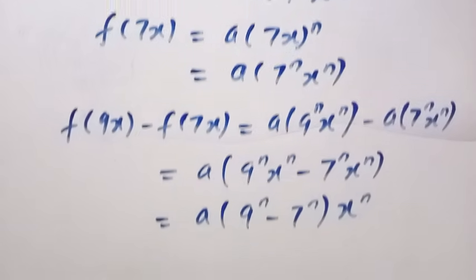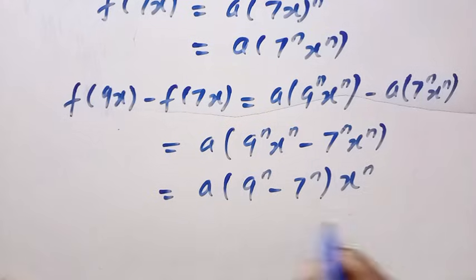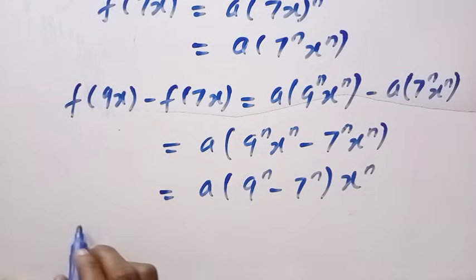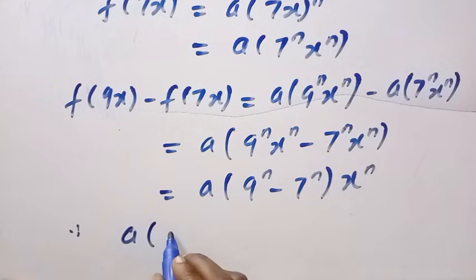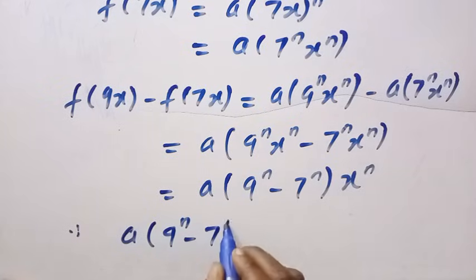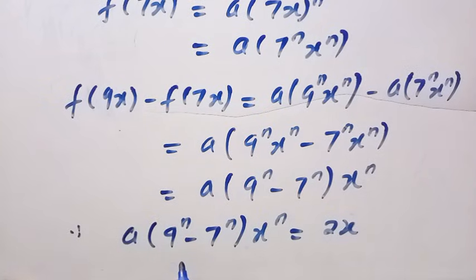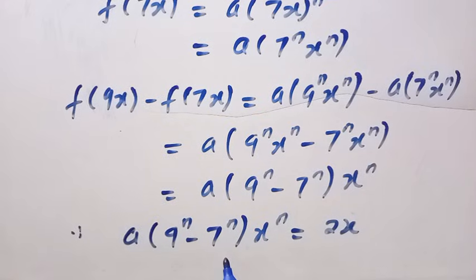And everything here equals 2x. So we can just write this as a times bracket 9 power of n minus 7 power n, x raised to power n, equals 2x. But the value of n here is a positive integer.